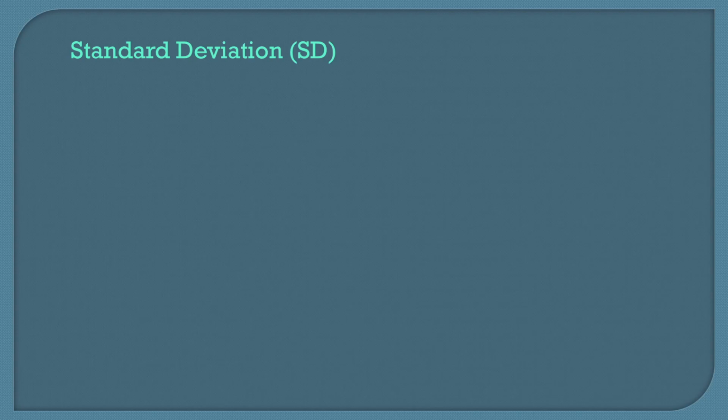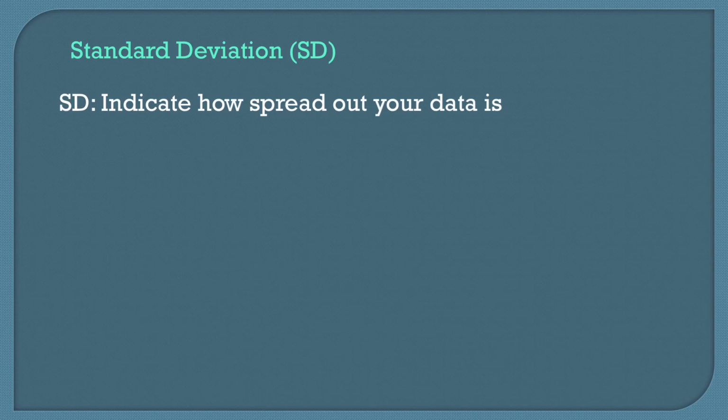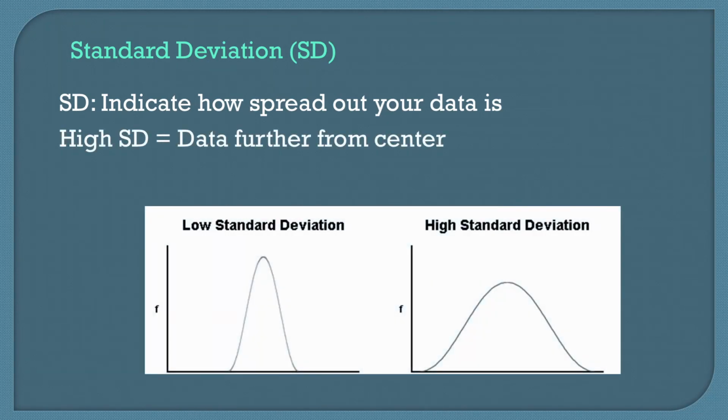The official definition for standard deviation is a measure of the amount of variation or dispersion of your data. But to keep it simple, you can think of standard deviation as an indicator of how spread out your data is. A high standard deviation value means your data is very spread out and far from the center. A low standard deviation value means your data is quite concentrated around the center.